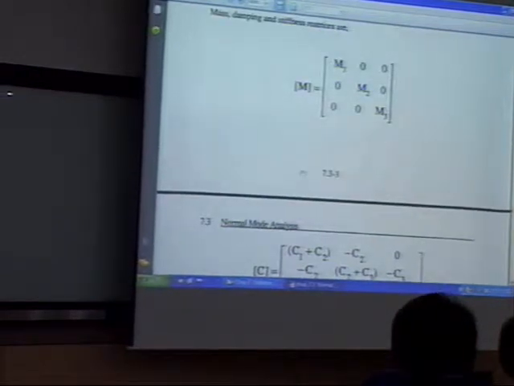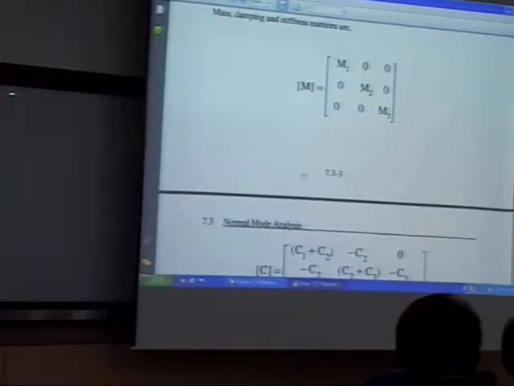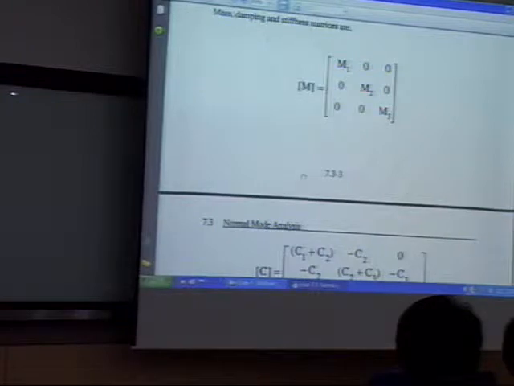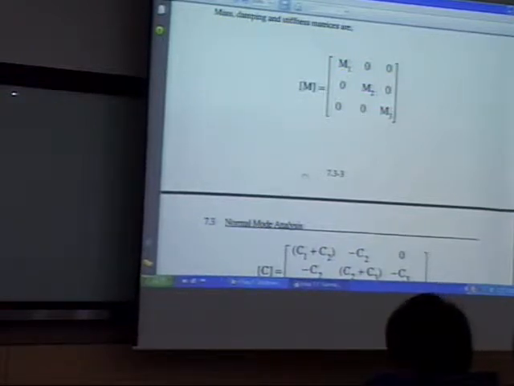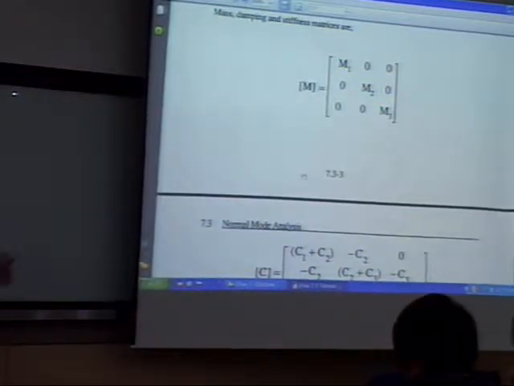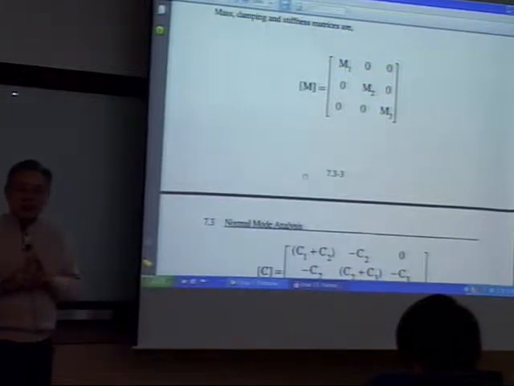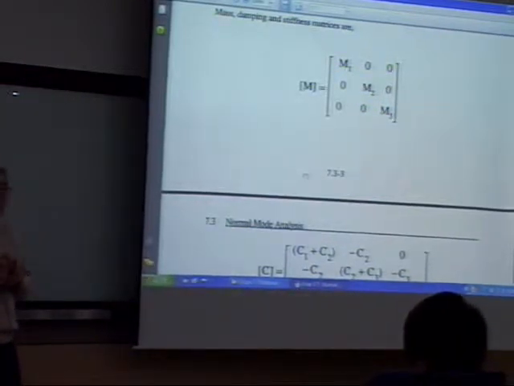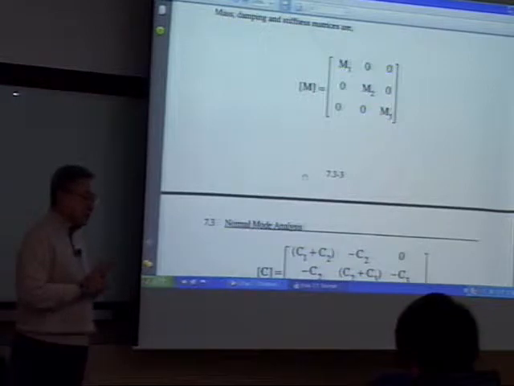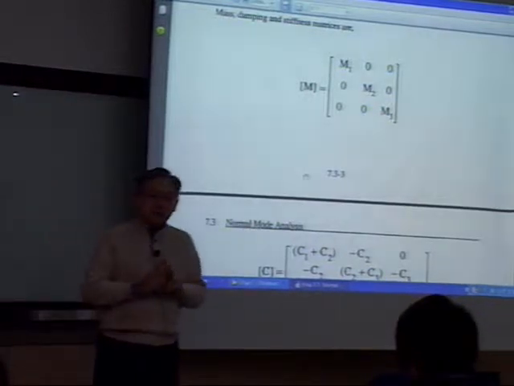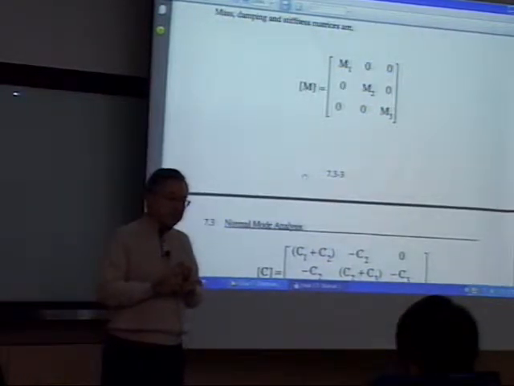And this is the mass matrix. This is really the lumped mass matrix. There are 2 different kinds of mass matrix. One is the lumped mass matrix. Another type is the consistent mass matrix.